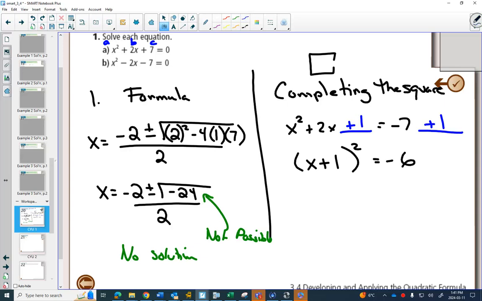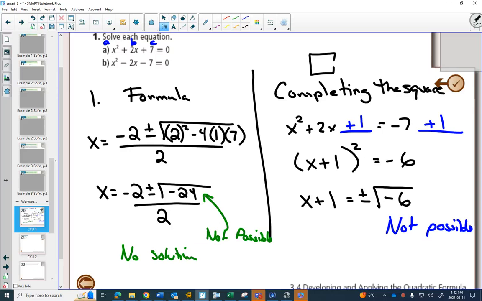You get negative 6, and then when you square root both sides, you also get the square root of a negative and can say no solution, not possible.